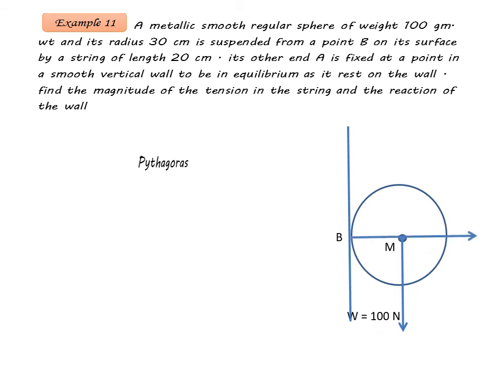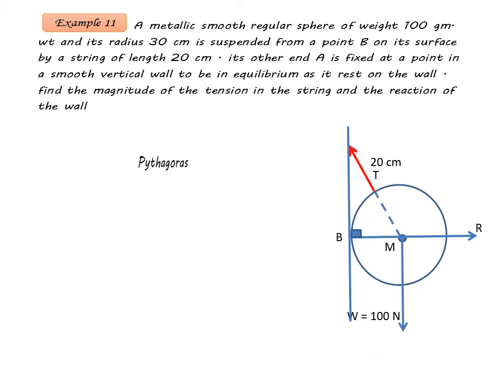If it's on a smooth vertical wall, that means the wall has a reaction which is perpendicular to the wall. This is the second force. Finally, we have the tension. The line of action of this tension on the surface of the sphere equals 20 centimeters, and the radius of the sphere equals 30 centimeters.